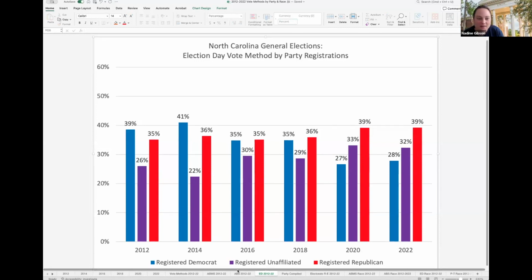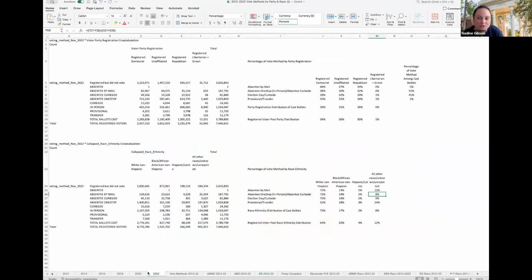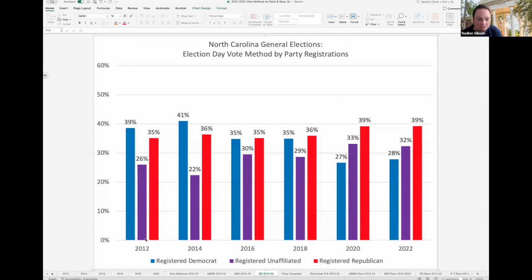Were those percentages of Democrats, or percentages of the total absentee group? These are percentages of the vote method group.